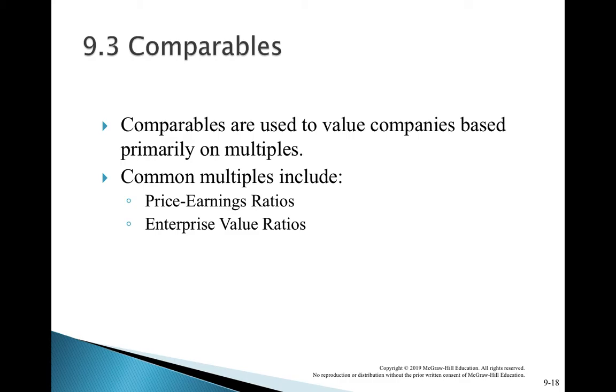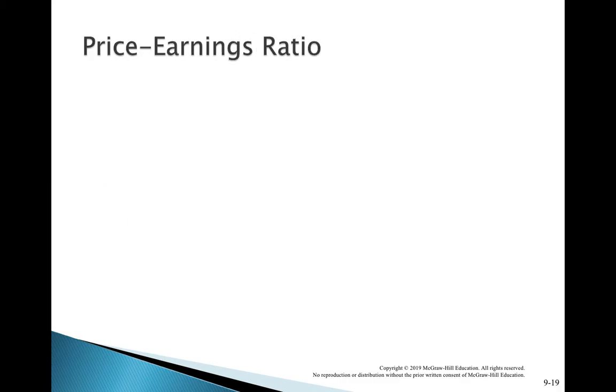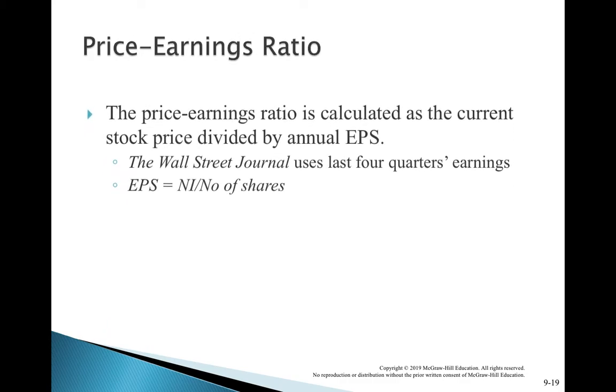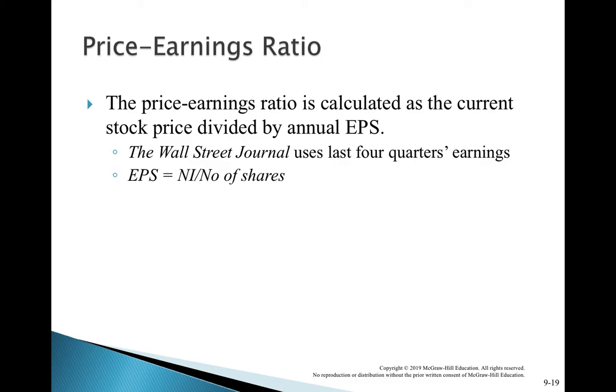We will discuss here two. One is price earning ratio, the other one is enterprise value ratio. Price earning ratio. Here the earnings will be used. The Wall Street Journal uses the 4 quarters earning as the year's earning.